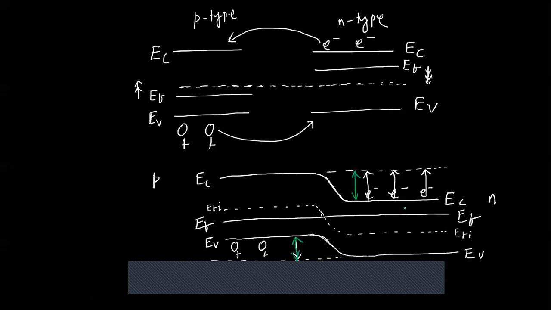If VBI is our potential, then multiplied by e, the charge of the electron, it will give us the magnitude of the potential barrier. The same amount of bending you can see here for EFI, EC, and EV. So our objective is to measure eVBI, or simply to find the value of VBI mathematically.